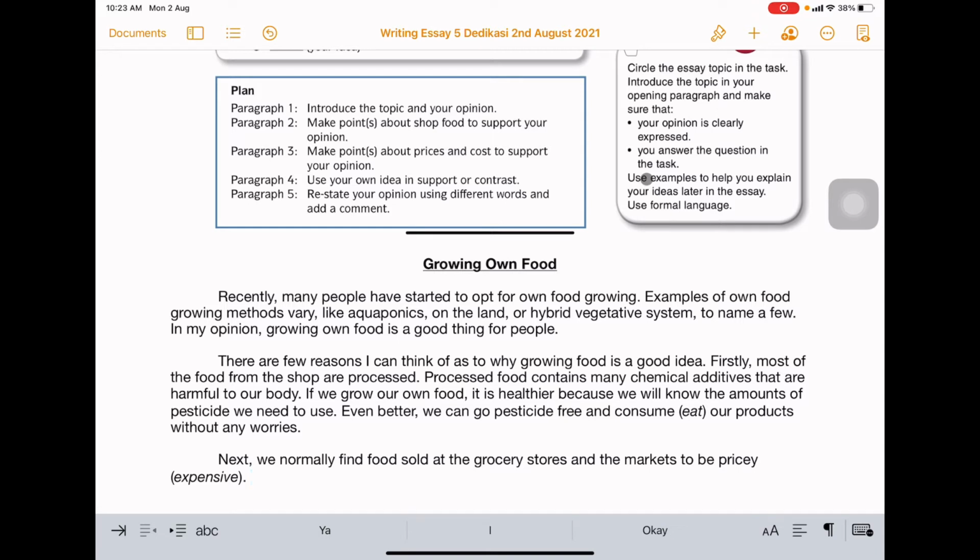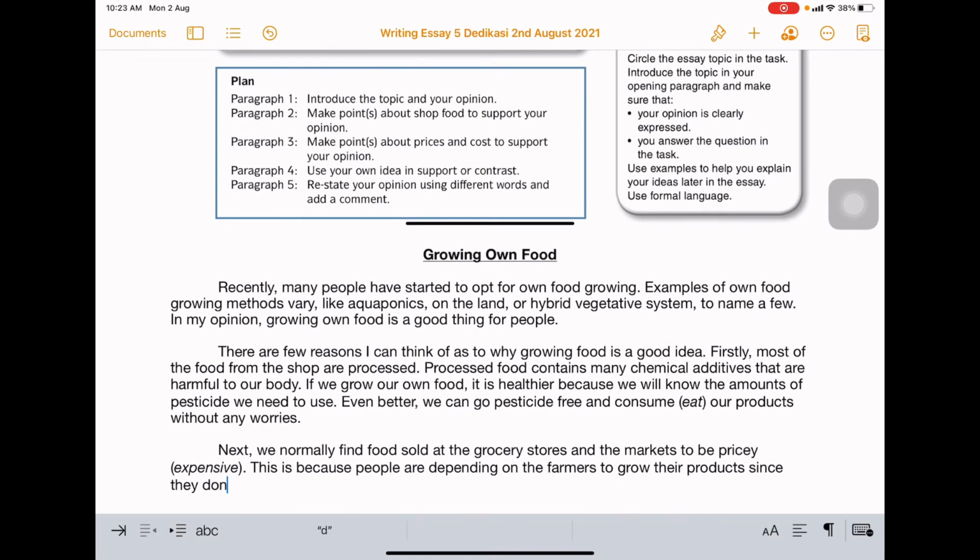And then you can give a reason. This is because people are depending on the farmers to grow their products, since they are too occupied with their jobs.